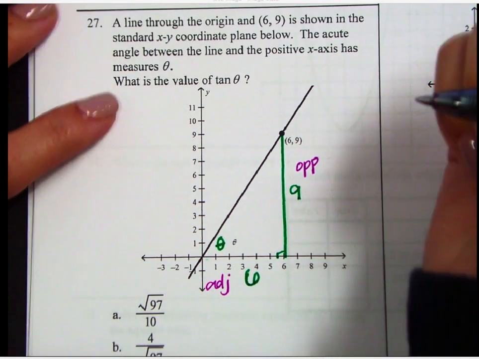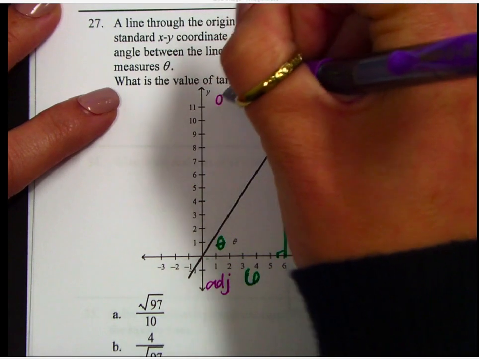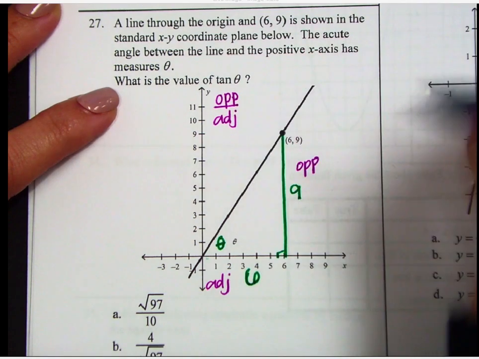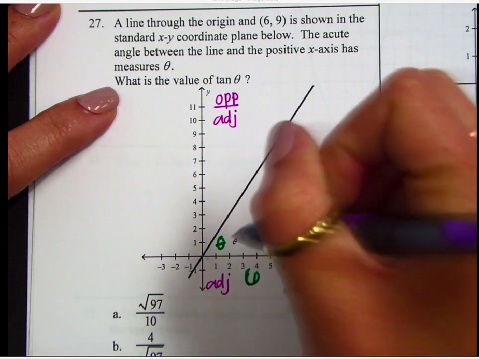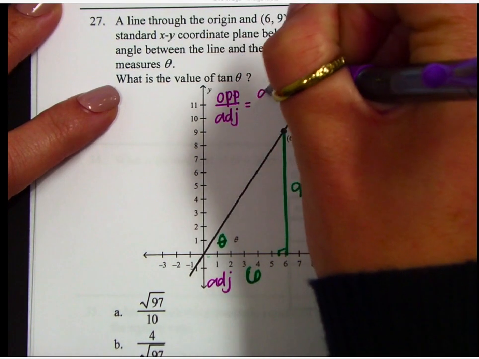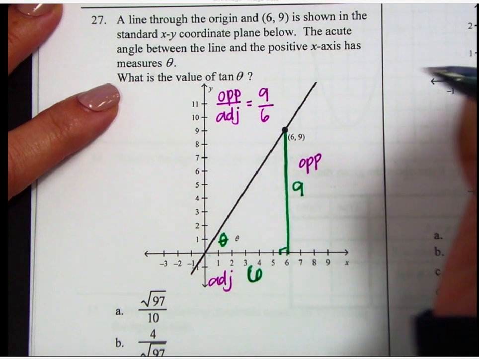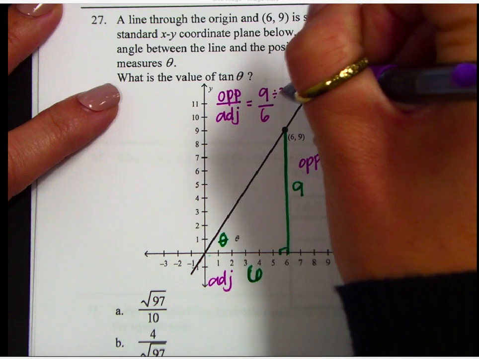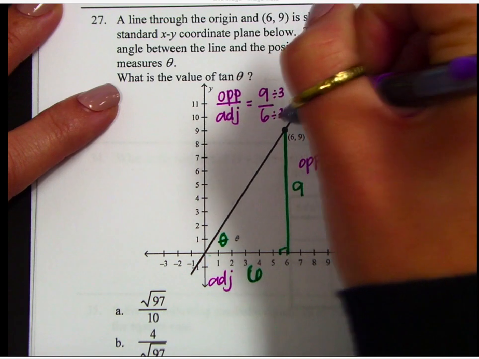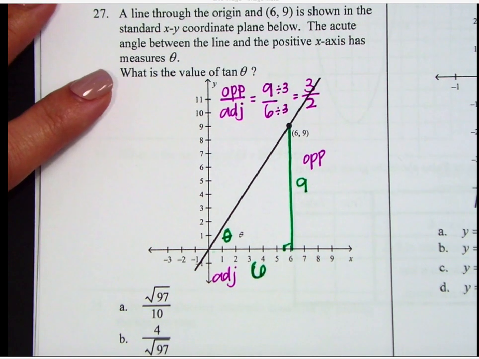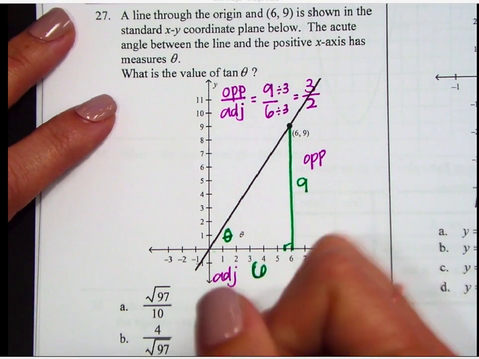If they want us to find tangent, remember tangent means opposite over adjacent. Opposite of theta would be 9, and adjacent would be 6. And that simplifies when we divide out 3 top and bottom, and we end up with tangent of theta being 3 over 2.